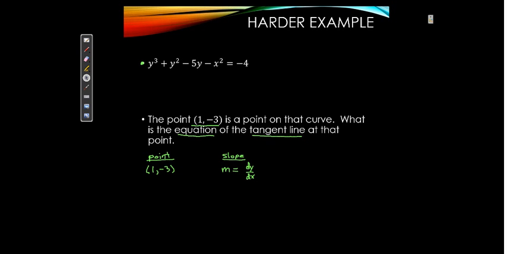So we're going to take the derivative of the left with respect to x and the derivative of the right with respect to x. And so when we do that, we get 0 on the right side equals, take the derivative just like usual, we have 3y squared, but the variables did not match, so we have to have a dy over dx plus 2y.